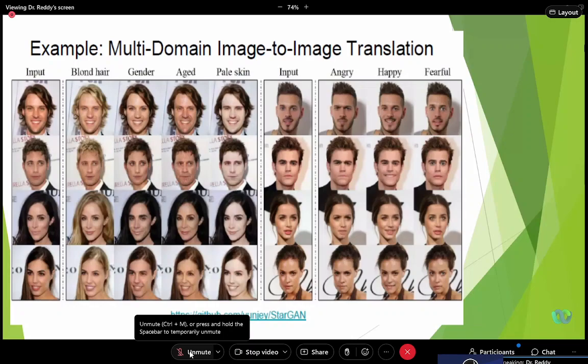For example, if you have a photo of a terrorist captured 10 years ago and we don't have his latest photo, we can add multi-domain image translation with a feature like age 20 years older and different appearances. So he is 20 years older now and in different get-ups, and we can identify him, so it may be used for defense or forensic applications, right?